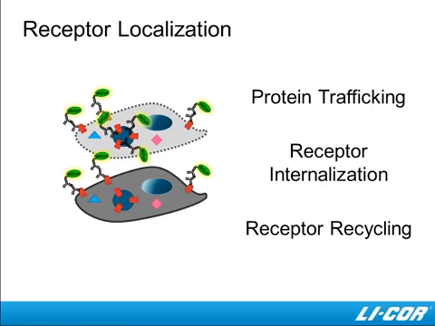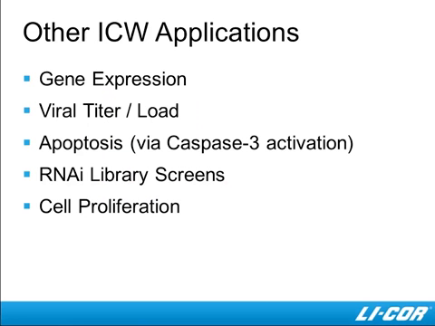Now, there are a lot of different In-Cell Western applications, and I don't have the time today to go through each one of these. They're listed here, just some of the applications you can use this assay for. Gene expression, viral titer, load, apoptosis, RNA screening, cell proliferation. There's a lot of different applications out there for this assay.